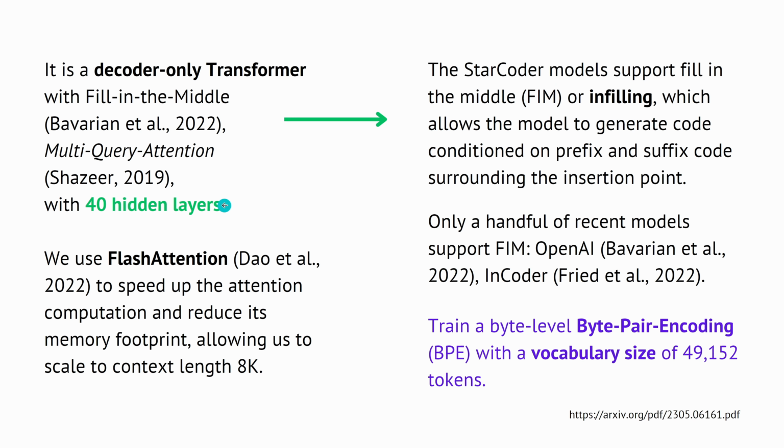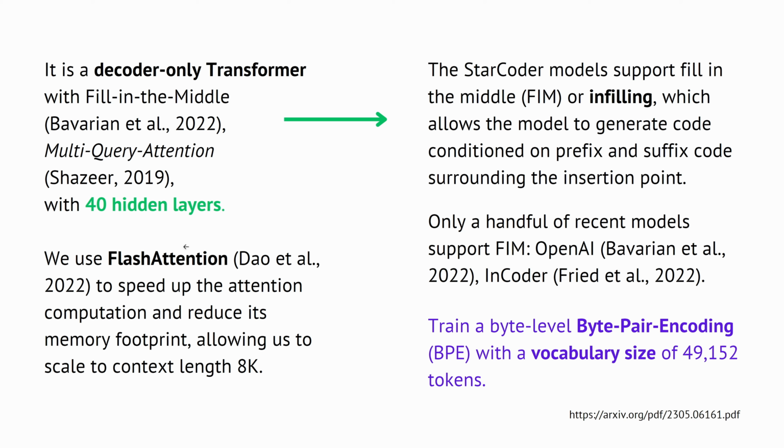They have 40 hidden layers, and there's a special infilling that I want to explain a little bit later, because it is really important for the performance and for the architecture of the system. And I just want to mention two additional facts. For the calculation of the attention tensors they use flash attention.